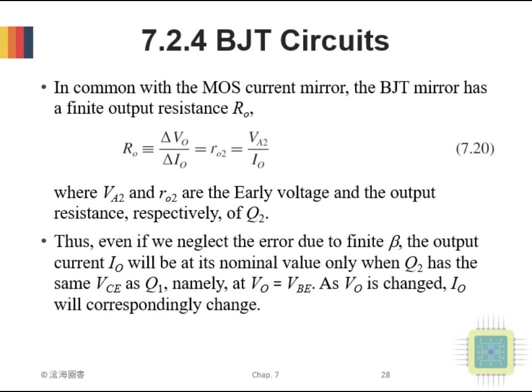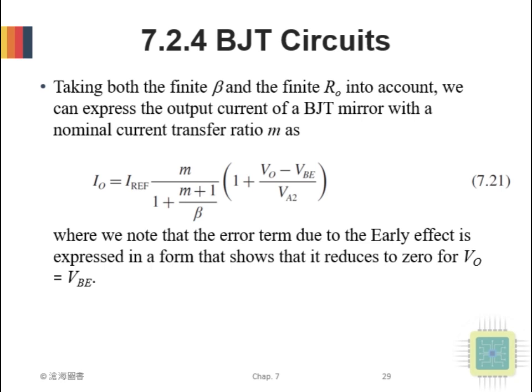As VO is changed, IO will correspondingly change. Taking both the finite beta and the finite ro into account, we can express the output current of a BJT mirror with a nominal current transfer ratio M as equation 7.21, where we note that the error term due to the Early effect is expressed in a form that shows that it reduces to 0 for VO equals VB.